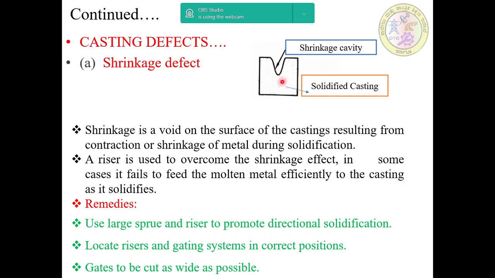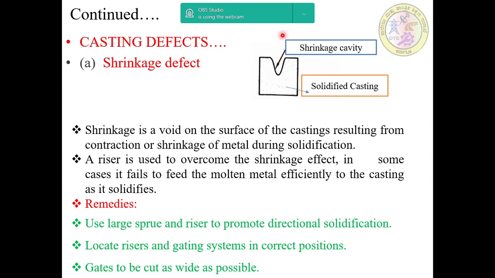You have to provide some shrinkage allowances. Then what are the remedies to rectify this shrinkage defect? Use a large sprue and riser to promote directional solidification. This is the mold or casting, and you have to place the riser, and the size of the riser should be large.